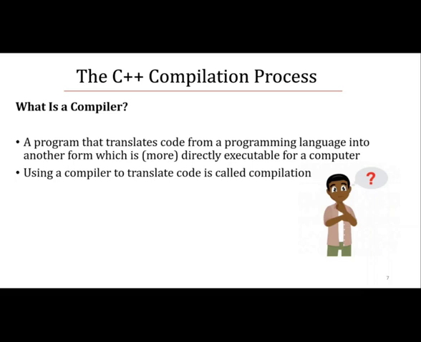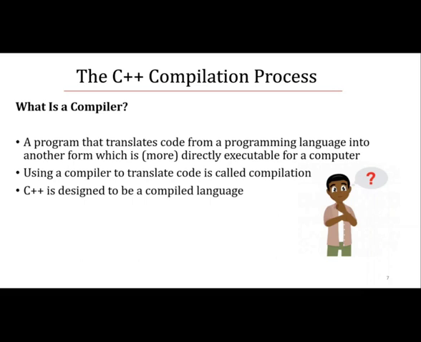The C++ preprocessor copies the contents of any included header files into the source code file, and then this expanded source code file is compiled into assembly language appropriate for the platform. The assembler code generated by the compiler is assembled into the appropriate object code, and this can be cross-platform, so it may work on either Windows, Mac, or Linux.